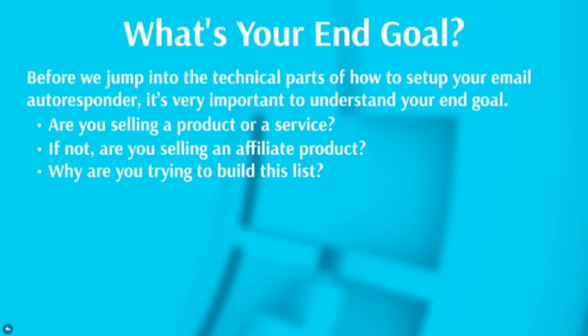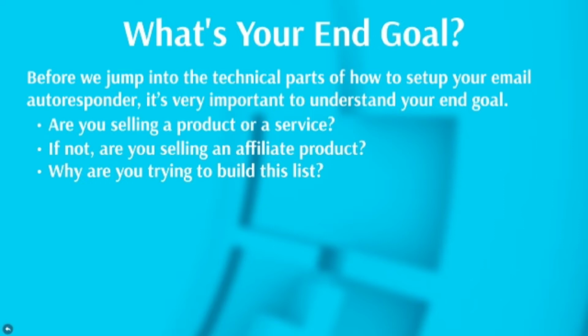Instead, you can provide a little bit of value and build that relationship up front. And then, of course, you can sell somebody else's product. So it's similar, but it's slightly different. But knowing your end goal is key. So if you're selling your product or service right now at this very moment, then write that down. If you're not, and you're selling an affiliate product right this moment, then jot that down.